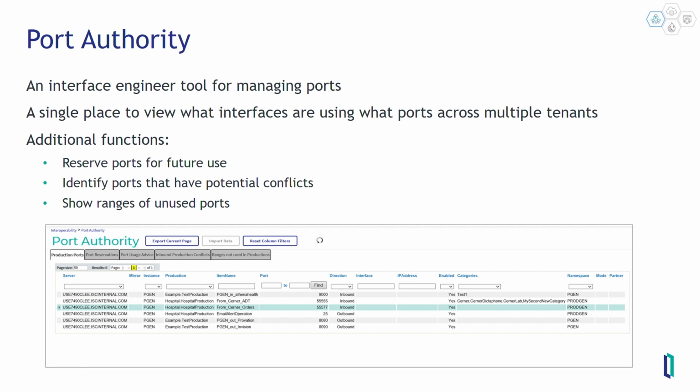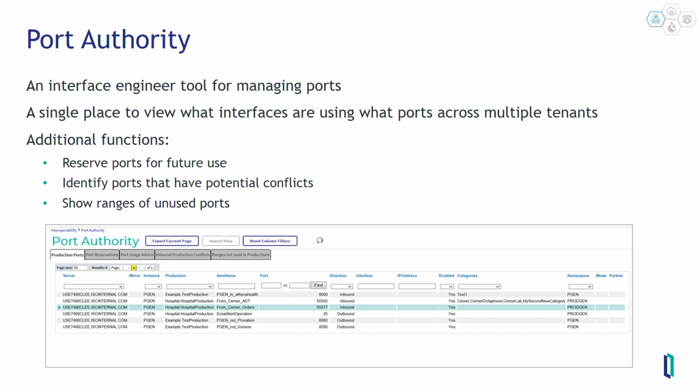Here is another feature I would like to point out. Again, this is in the area of interface productivity. As the name suggests, this is all about managing ports. This feature gives you a single place to view what interfaces are using what ports in what namespace.